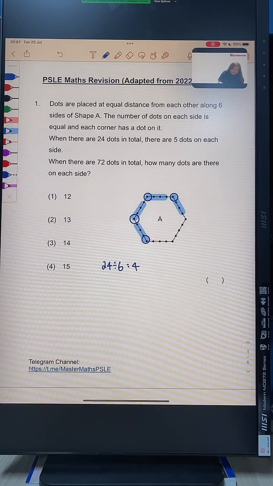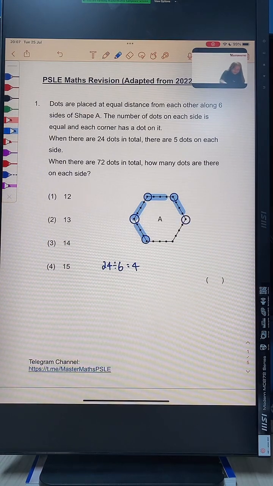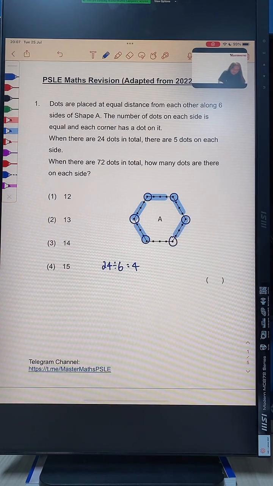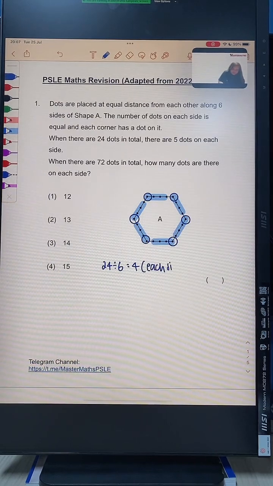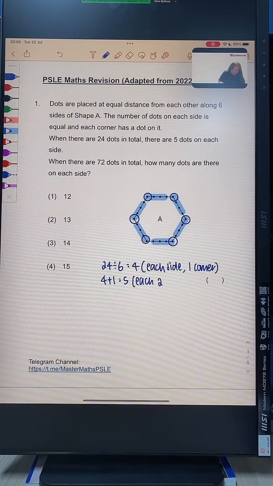So in order for us to solve this question, we need to add another extra 1 because each side has 2 corners. From here we know that 4 is basically just each side with only 1 corner. So for us to get 2 corners, we have to take 4 plus 1 to give us 5, which is each side with the 2 corners.